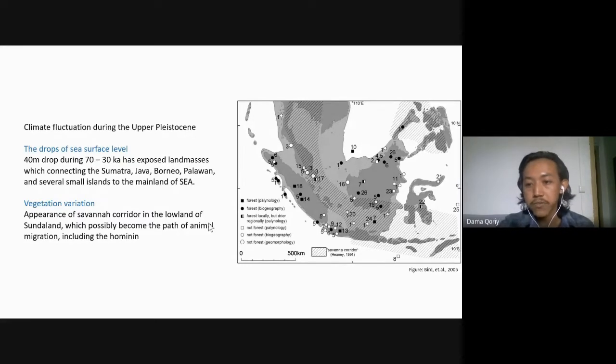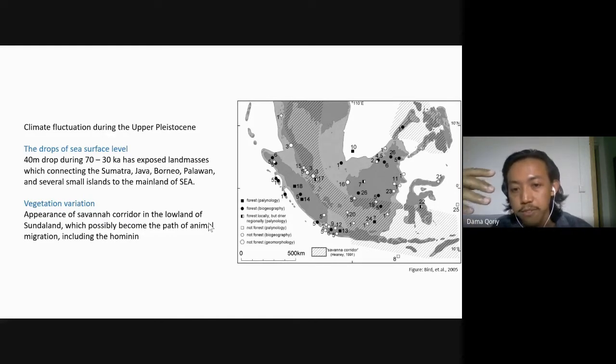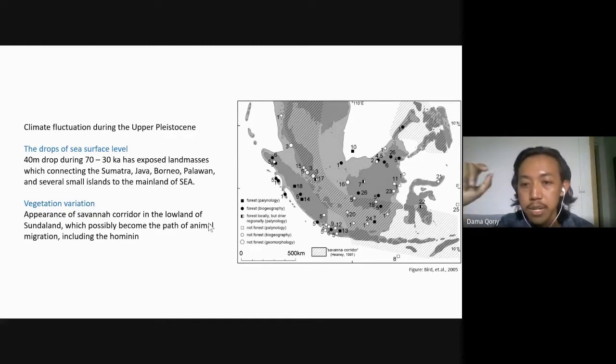The presence of the continental shelf in the western part of the area could have played a big role in the migration, because when the global temperature dropped, the sea surface level dropped, and then the continental shelf was exposed and became a land bridge connecting several islands in this region, which made the migration of the fauna and also hominin possible.